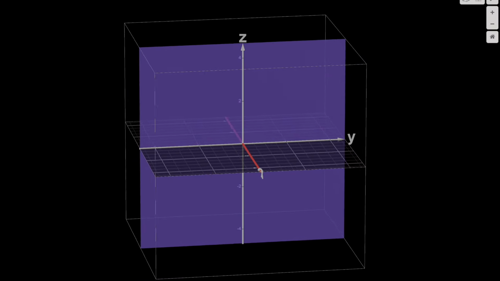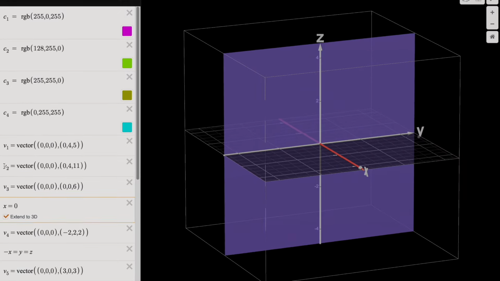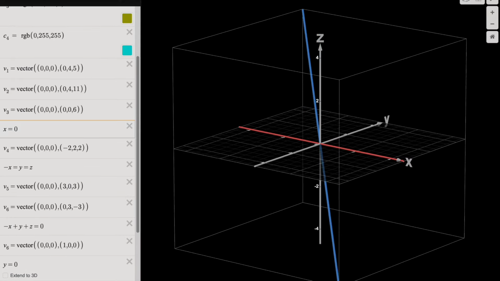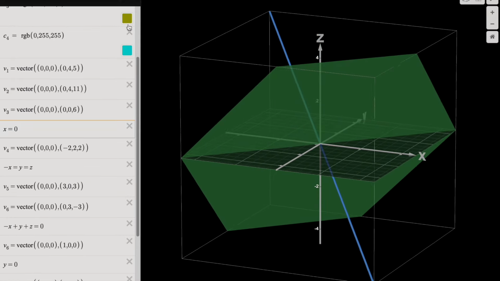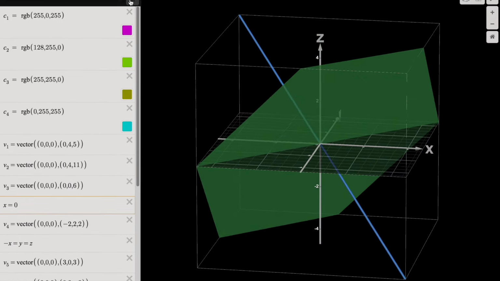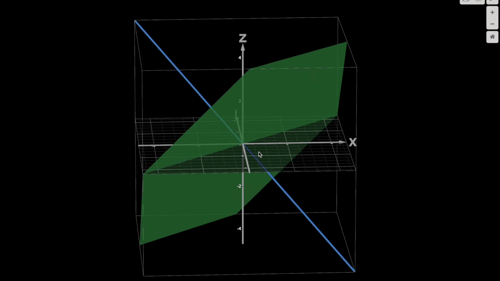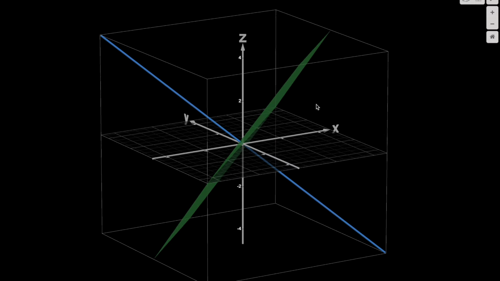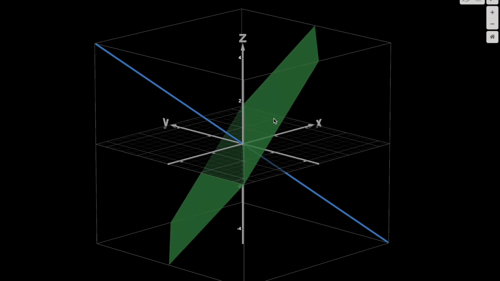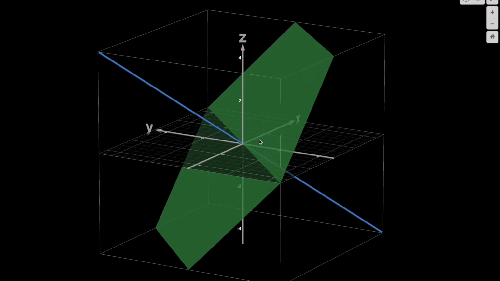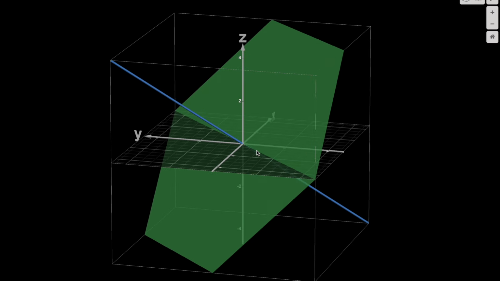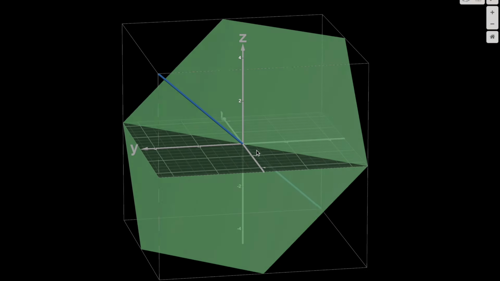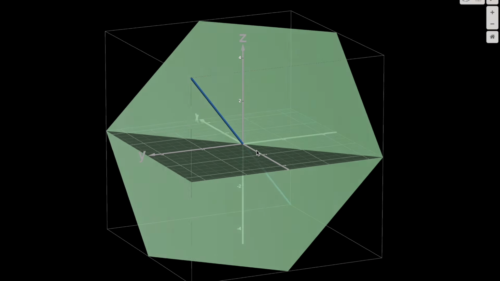Now similarly, this is also true for row space and null space. This is the row space, which is two-dimensional, and this is the null space, which is one-dimensional, right? You take any vector from the row space and any vector from the null space, their linear combination will fill the entire input vector space, that is Rn.